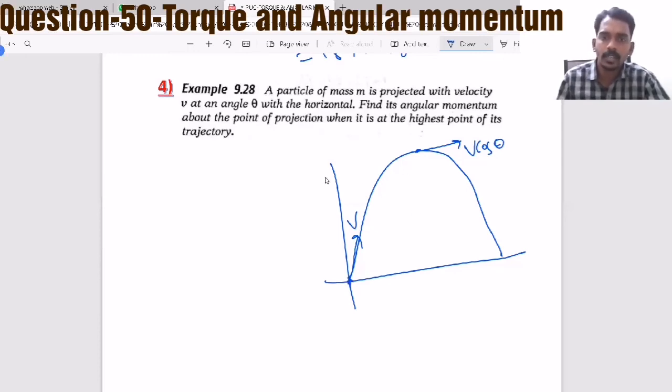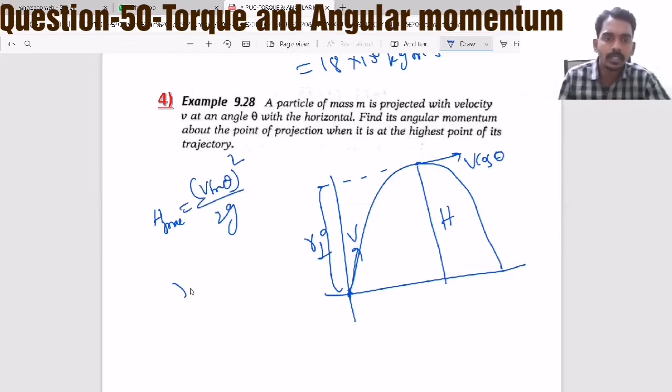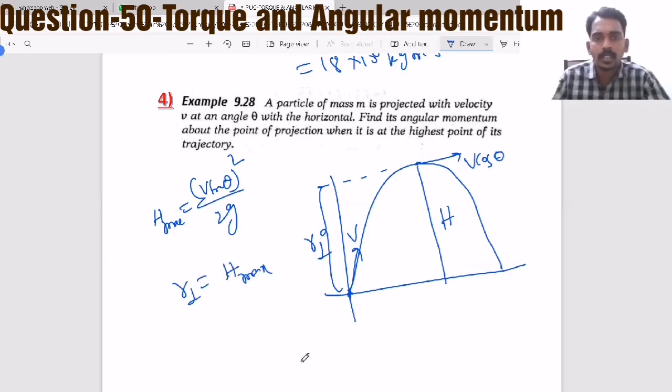Now this is the reference point, and this is the direction of motion at that point. This is the r perpendicular, as I said, nothing but the maximum height. What is the maximum height formula? That is v sin theta whole square divided by 2g. That means r perpendicular is nothing but h maximum in this case.